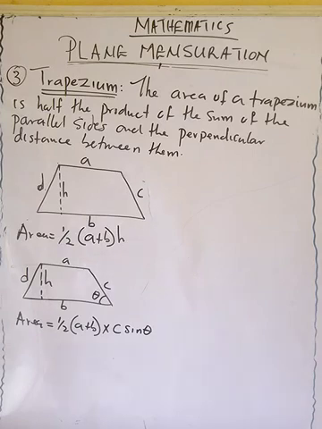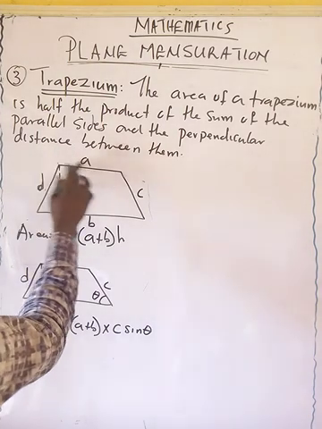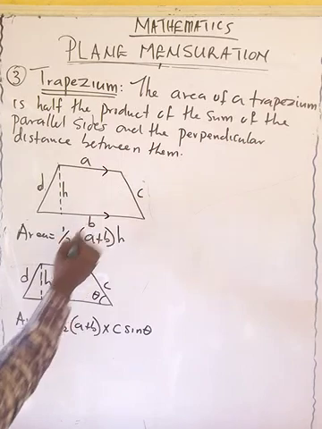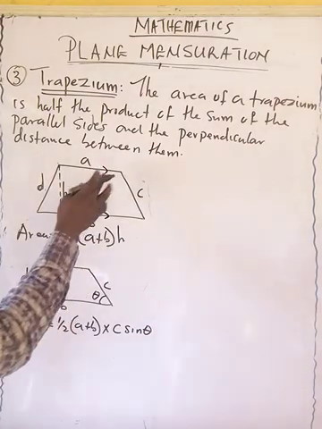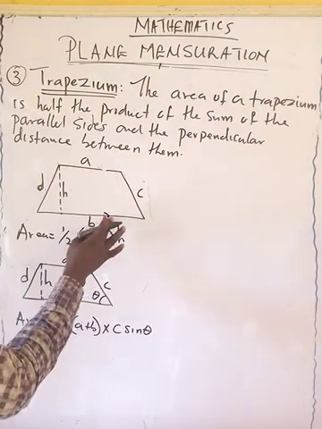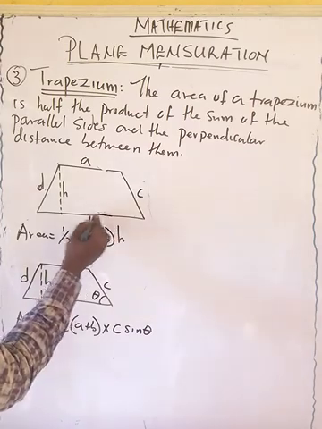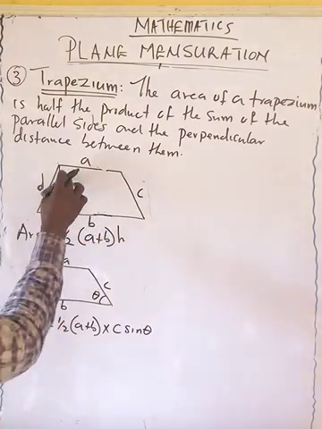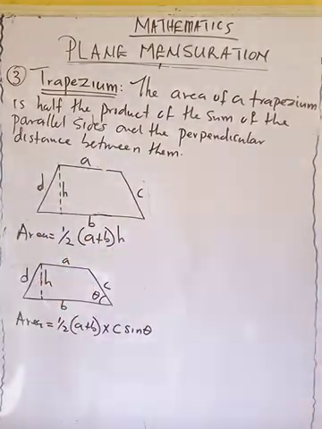So how do we calculate that? Our parallel lines are this and this. This plus this, A plus B, times our height, half of it, is the way to calculate the area.